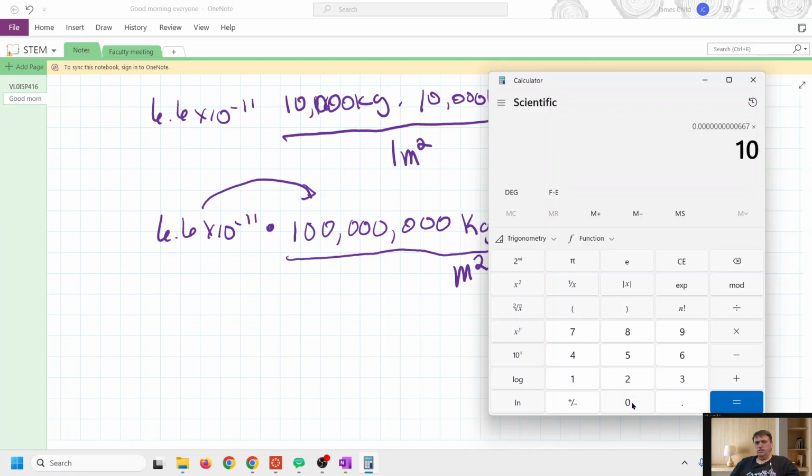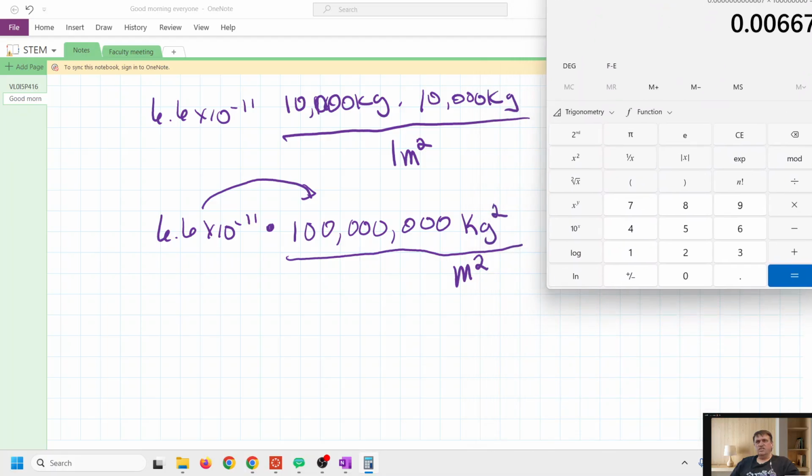So 1, 2, 3, 1, 2, 3, 1, 2, 3, there we go. And we're going to say equals, and that equals 0.00667.